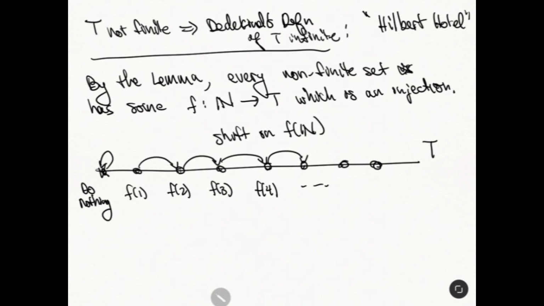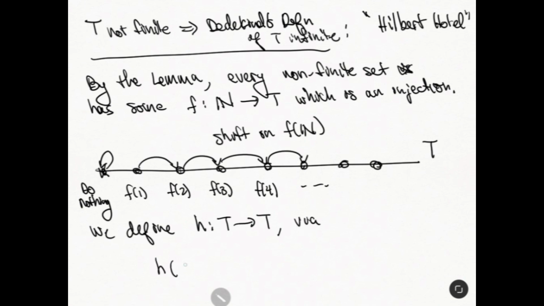More precisely, we define H, the Hilbert Hotel trick, from T to T in the following way.